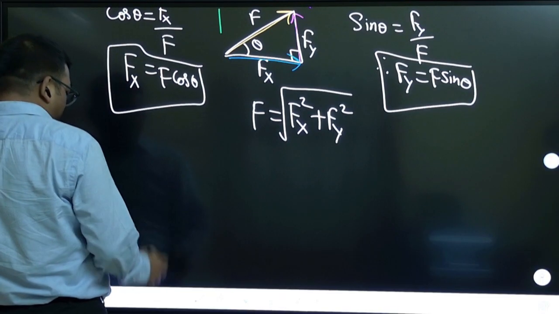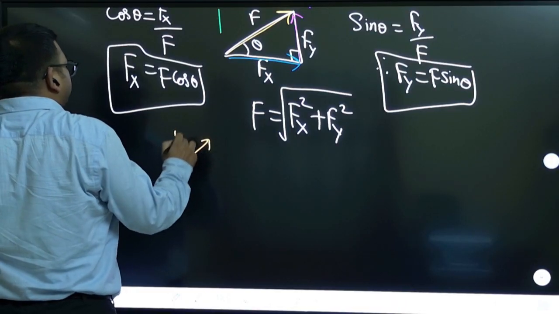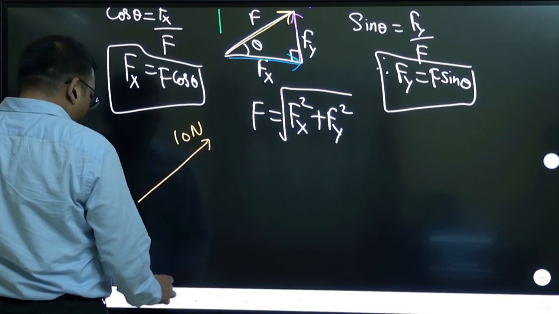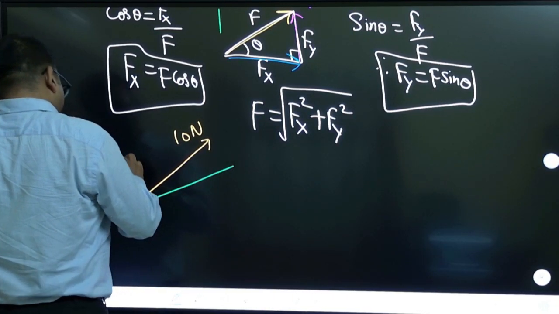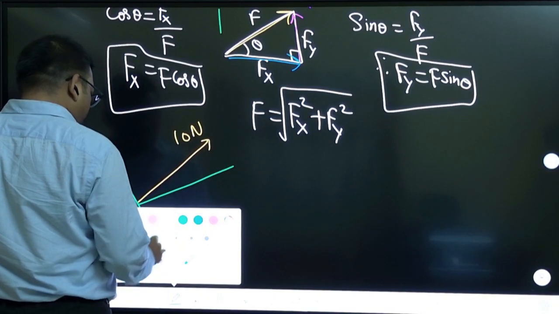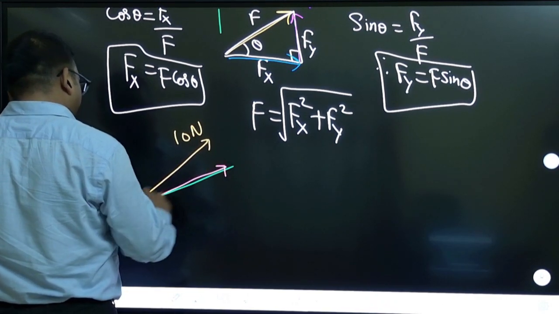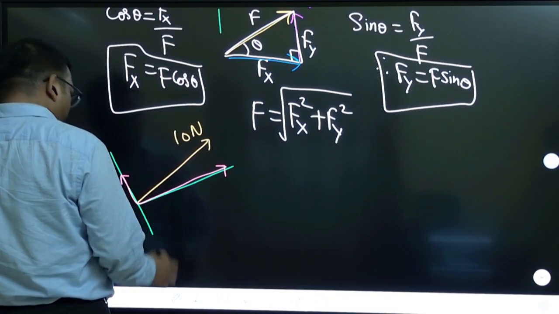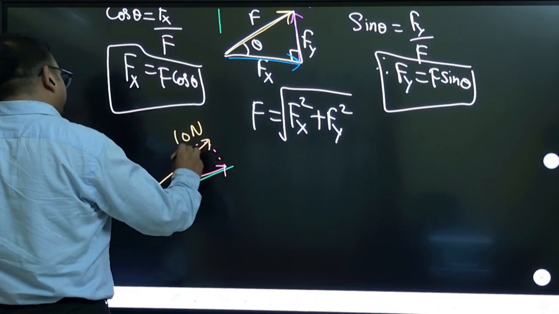Okay, so let us try to do further about this. Let us take some example. Suppose this is a force of 10 Newton, and I want to break it into two directions. These two are perpendicular directions. So this direction, this force and this force. They are perpendicular, and of course when you draw the parallelogram, you can make it like this.